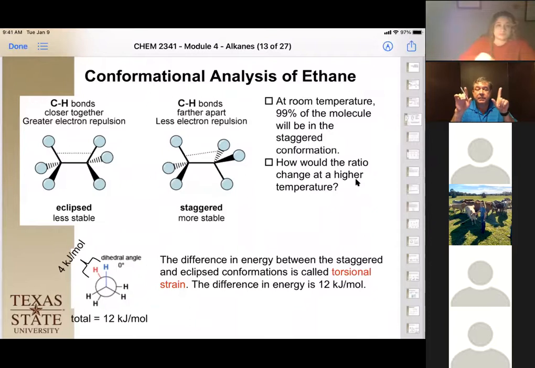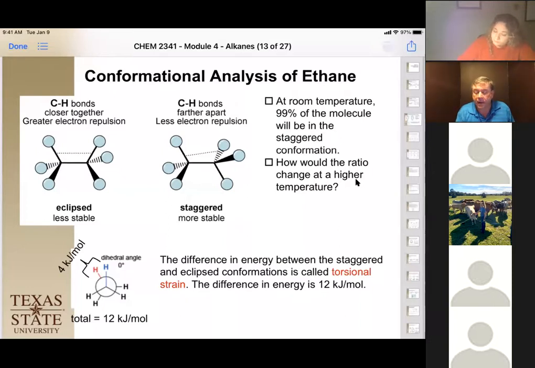However, when we have them closer together, we now have electron repulsion between the two hydrogens that are lined up, and we have a change in energy. At room temperature, 99% of this molecule would be staggered, but by increasing the temperature, we would be able to increase that possibility of having that less stable eclipsed state.